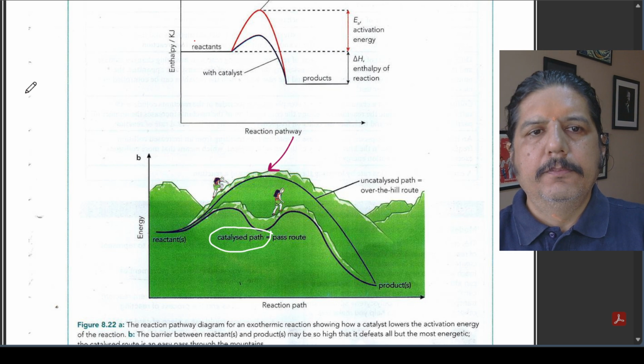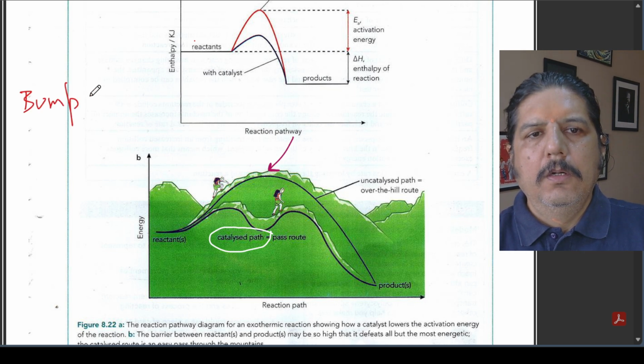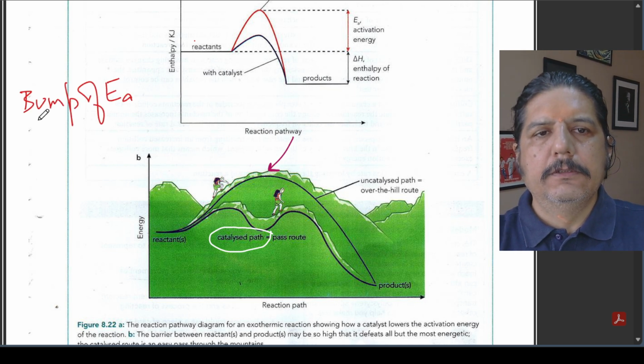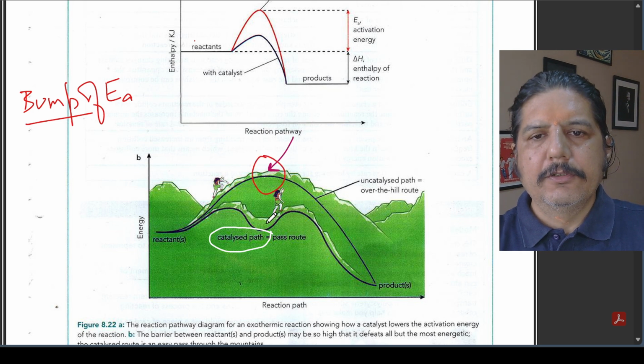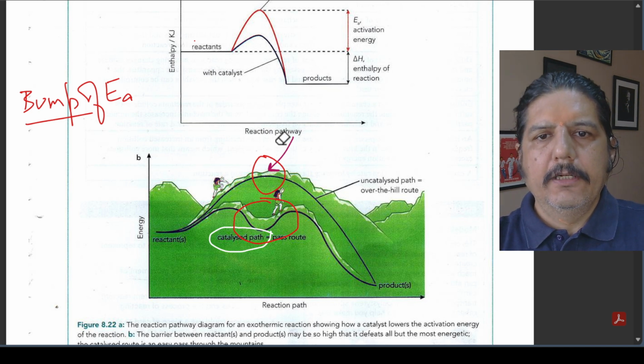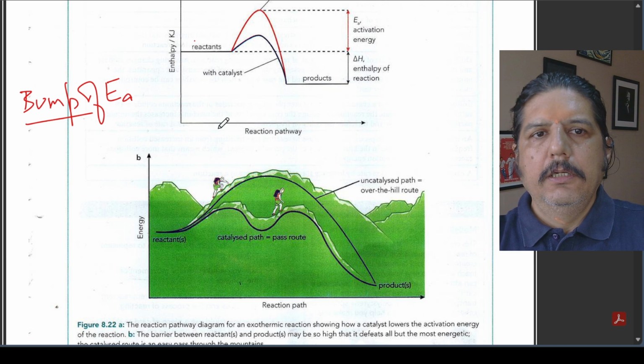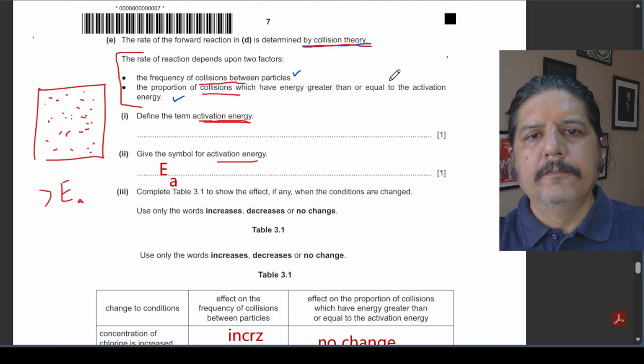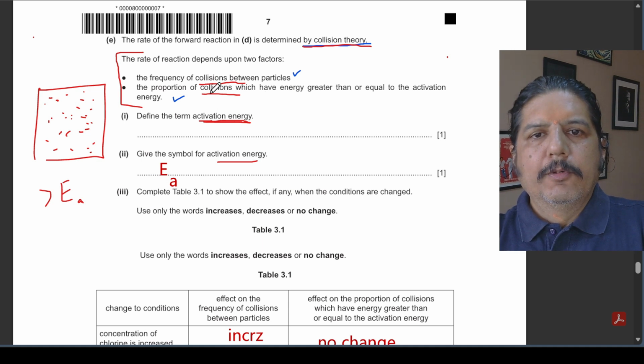I'll write it here: the bump of activation energy. This is the bump I am talking about, and this is what the catalyst does. The catalyst gives an alternate path for the reaction to take place. That is how the catalyst helps. That is how the catalyst and the activation energy are related. So the proportion of collisions which have energy greater than or equal to activation energy.